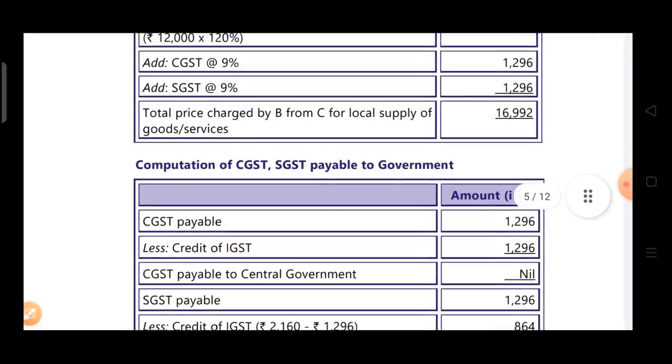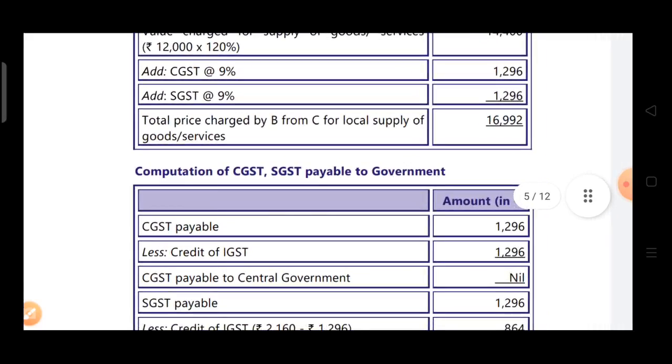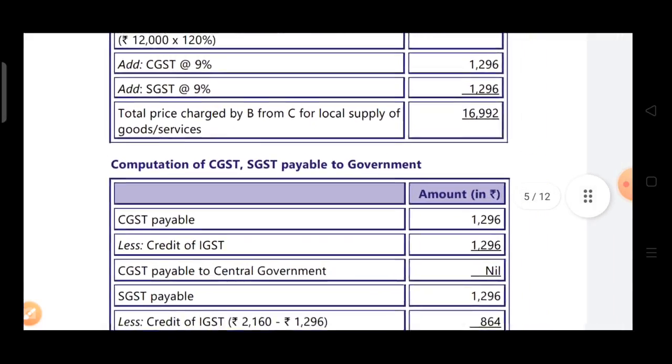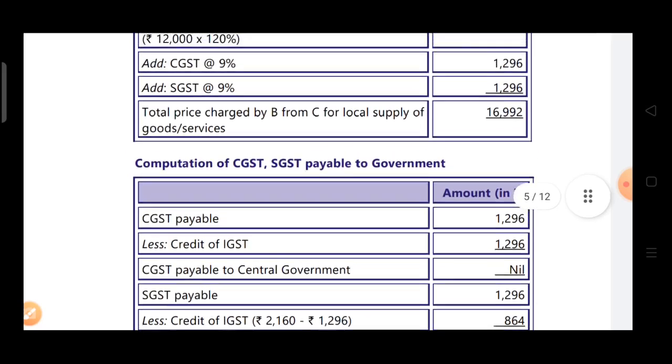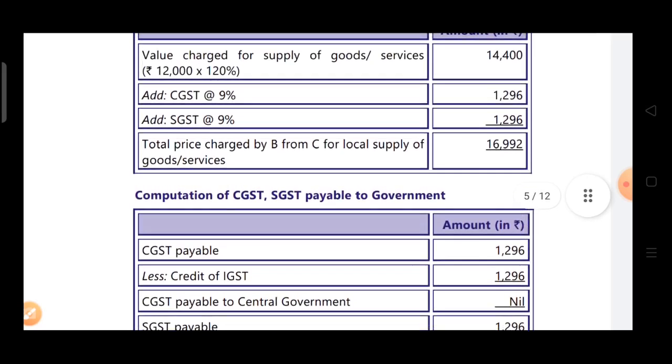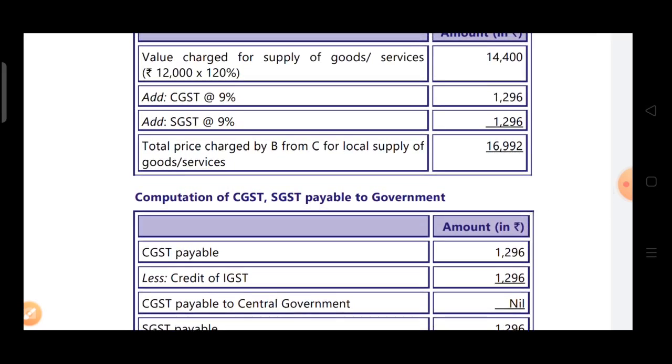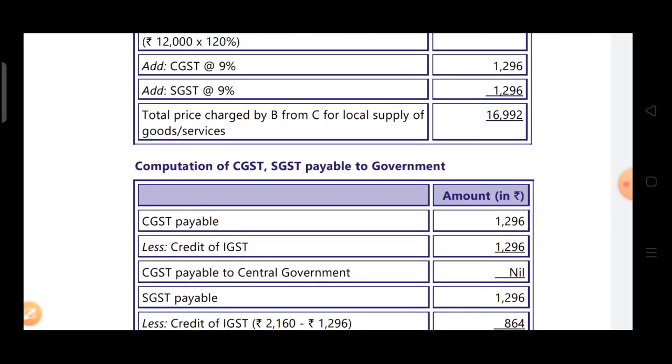Now see what is the net CGST, SGST payable to the government. In this case input tax is IGST 2160. Now how will we utilize that ITC? What was the manner for utilization of IGST credit? It will be utilized first for payment of IGST, then for payment of CGST or SGST in any order.